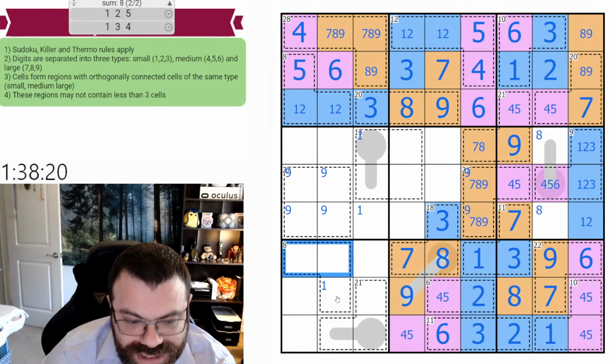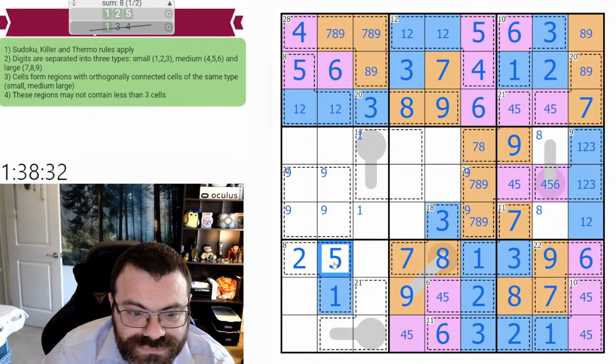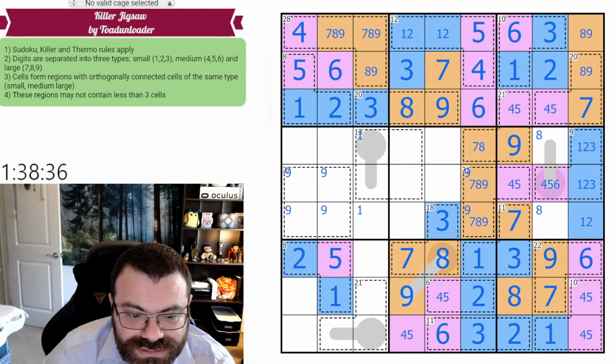Okay, the 8 cage needs a 1. This 1 is filled here. And then 2, 5 or 3, 4. It can't be 3, 4, so it's 2, 5. We do know the order. 2 and 5 and 1 and 2. So this is low. This is mid.